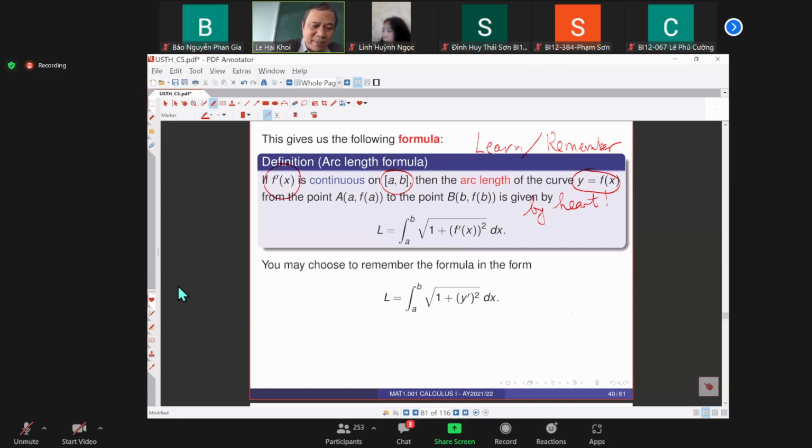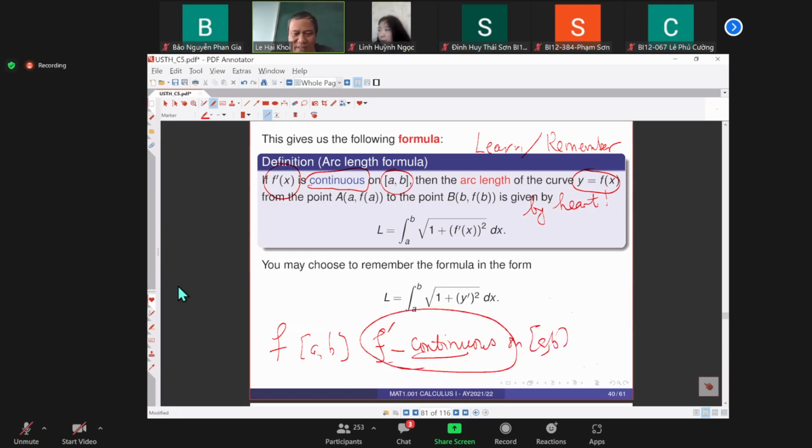So you remember f on [a, b] with f prime, and f prime must be continuous on this interval. Very important. Continuity here gives you the existence of the definite integral. It ensures that existence.